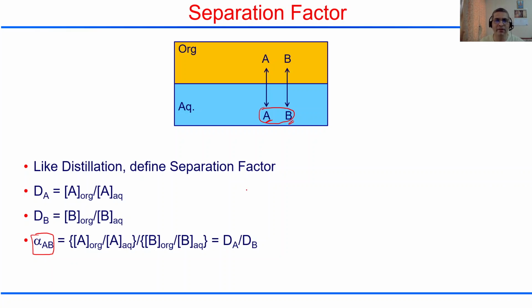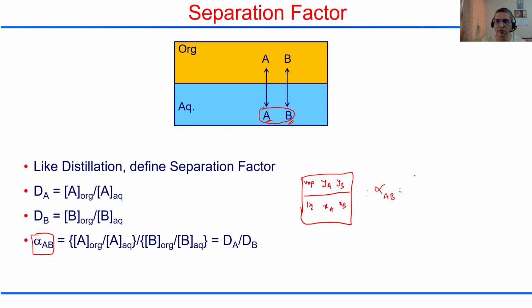In distillation, what do we do? We have a liquid phase and a vapor phase, right? So we say XA and YA, XB and YB. If it's just a binary, how do you define alpha AB?